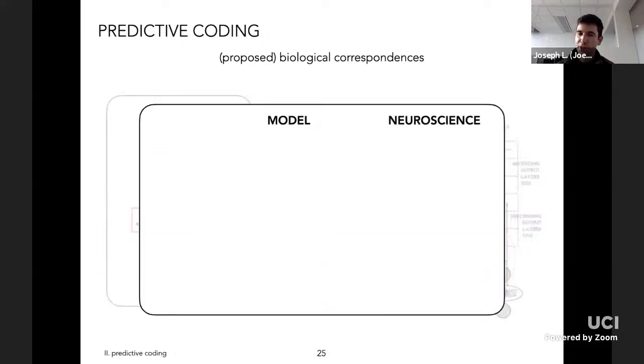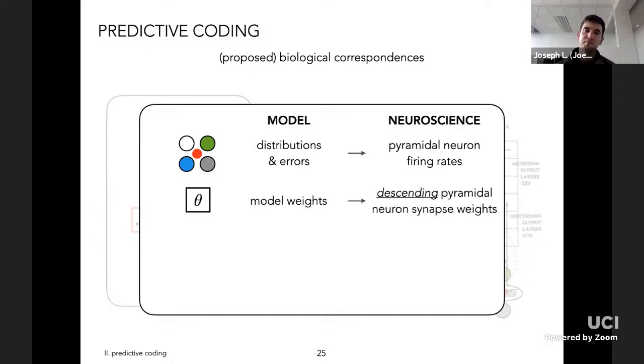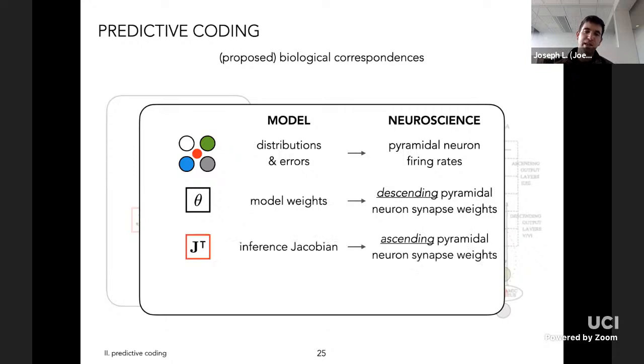In a little more detail, I wouldn't say that the biology has been totally linked up with the models, but roughly you can think of the distributions and the errors as representing some type of firing rate of the principal neurons, these pyramidal neurons within cortex. The model weights, these top-down prediction weights, denote some type of descending pyramidal neuron synapse. So this is like the top-down synapses.